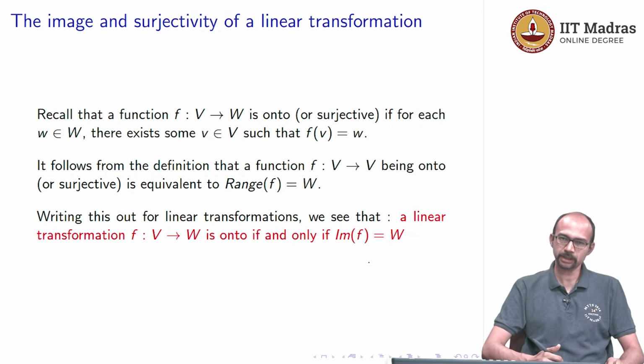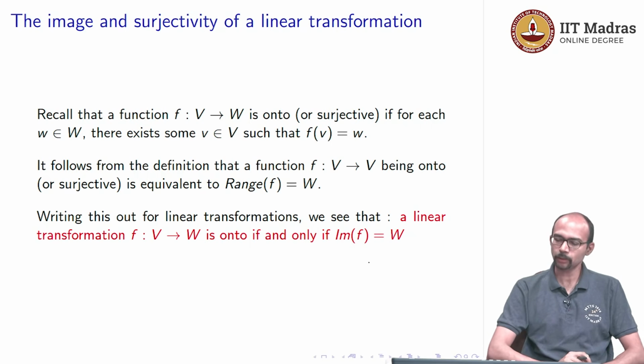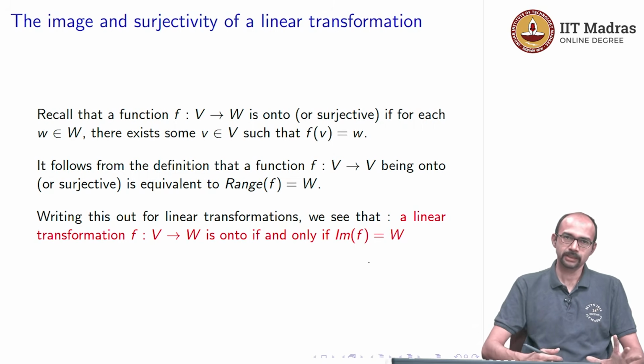So, for linear transformations in particular, remember range is the same as image. The only thing is, when we say range we think of it as a set, and when we say image we think of it as a subspace. This is the main difference, otherwise there is no real difference between range and image as such. So, a linear transformation is onto if and only if image of f is W, and this image of f is concluded as a subspace.